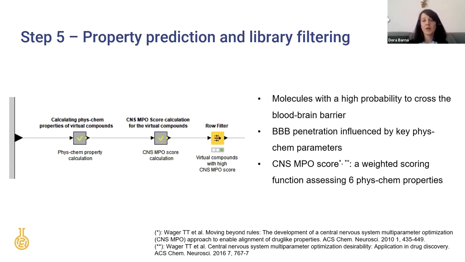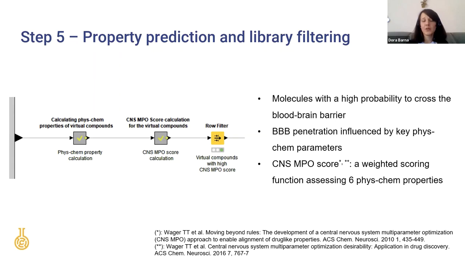For example, in our case, we are going to find molecules that have an effect on a CNS-based receptor. So it's crucial that the molecules that we select can cross and penetrate the blood-brain barrier. And for this, we will have to check some of the key physicochemical properties of these virtual compounds of ours.